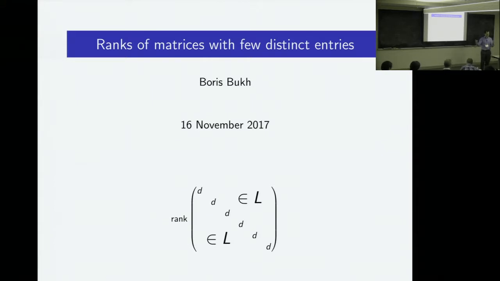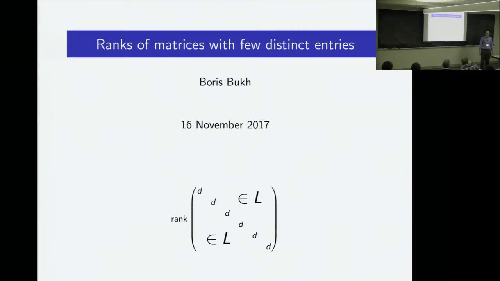Then I will isolate the algebraic difficulty, and then I tell you what I can tell you about this algebraic problem, which is some results, but not a full solution. Again, please don't hesitate asking questions. It should be fairly relaxed.